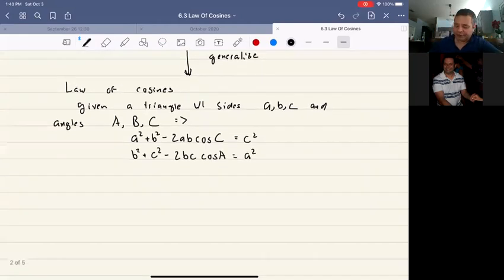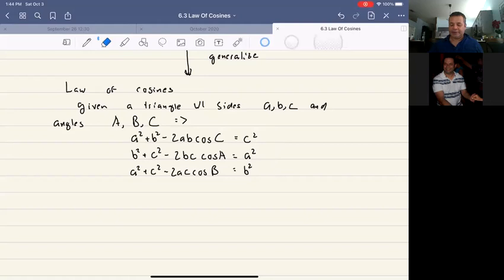Or we could have B squared on its own, in which case we have A squared plus C squared minus 2AC cosine of the angle B. So these are all the same. I'm just writing them out three times so that you can see that. This is going to allow us to solve two more families of triangles, side-angle-side and side-side-side.